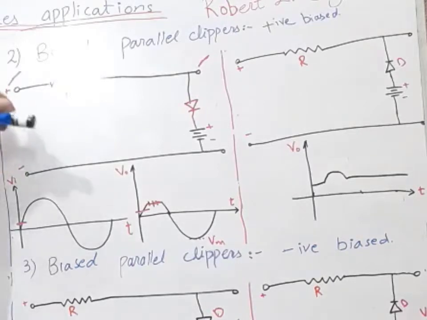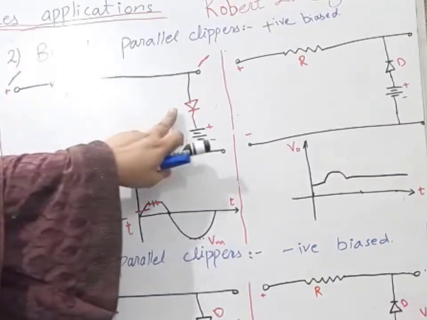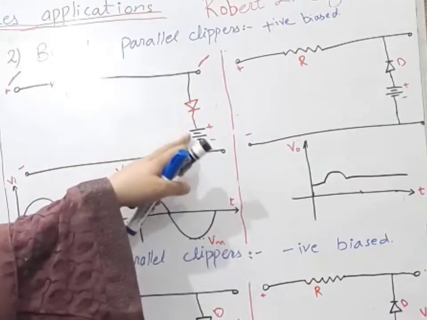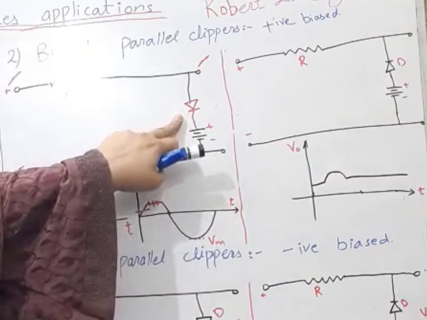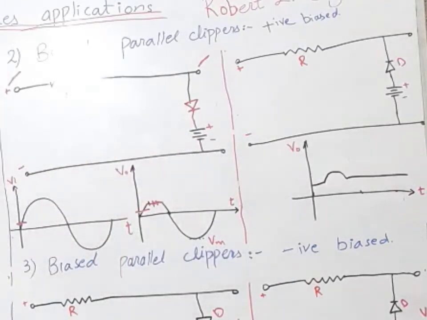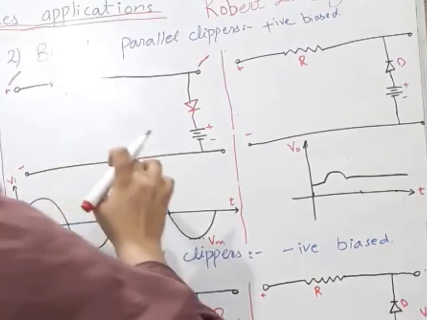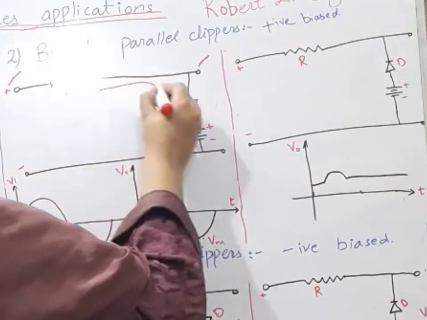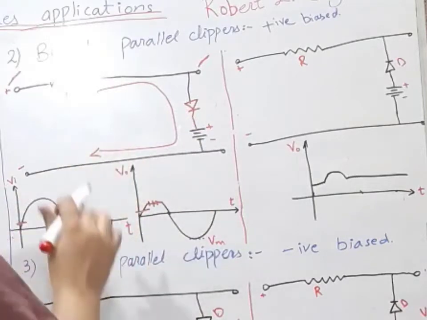our input waveform is trying to make this diode forward biased, but our battery is trying to make this diode reverse biased. In this case, when there is plus 5 voltage for the input waveform and plus 3 voltage for the battery, our input waveform is winning, so it will make this diode forward biased and current will flow here for plus 5.